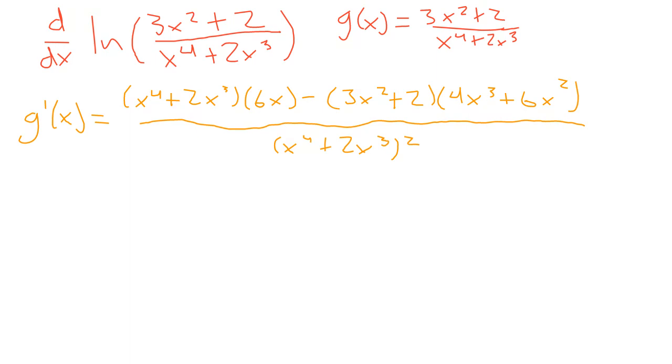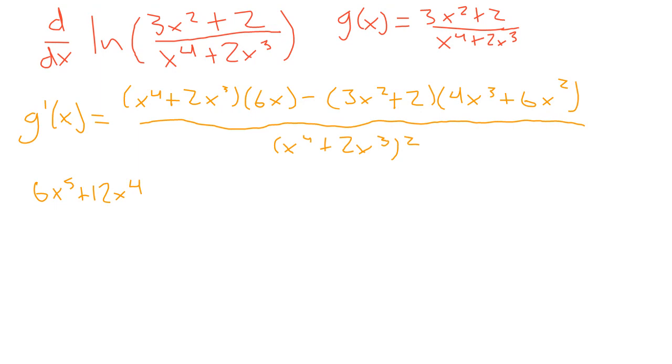All right, so now let's go ahead and clean this up a little bit. So we can go ahead and combine some like terms. On the top, if we distribute out that 6x to our denominator, we're going to get 6x to the 5th plus 12x to the 4th.